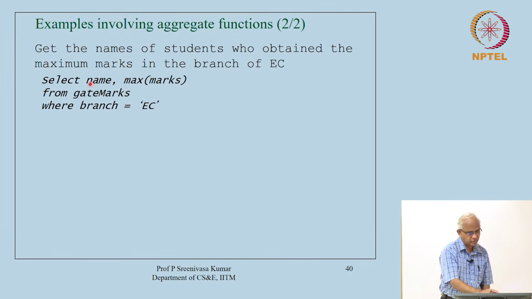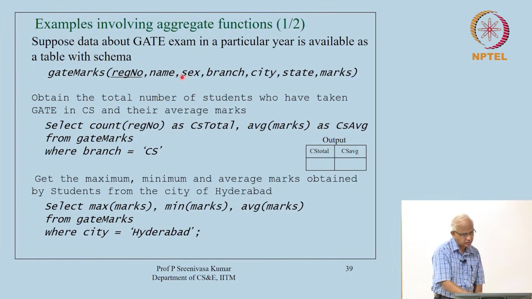The reason is that, as you have seen in the previous slide, whenever you are using aggregate functions, you only mention the aggregate functions here. Projecting any other attribute actually does not make sense, right.